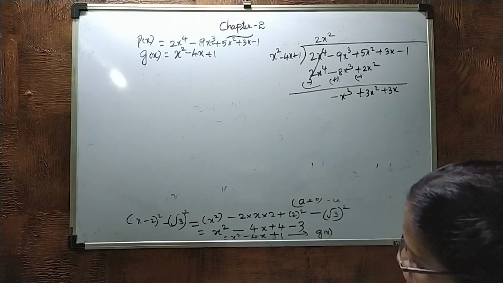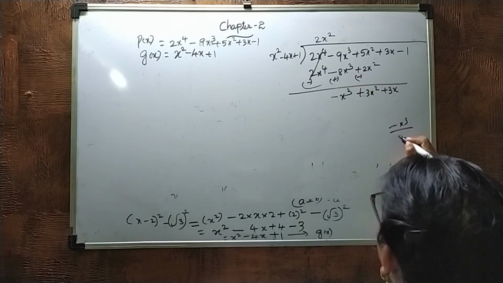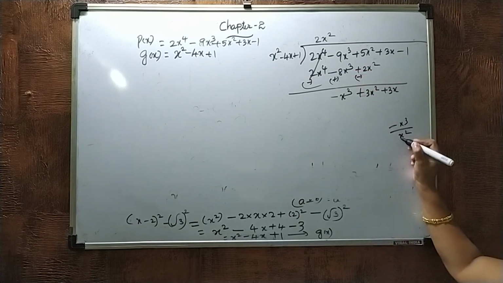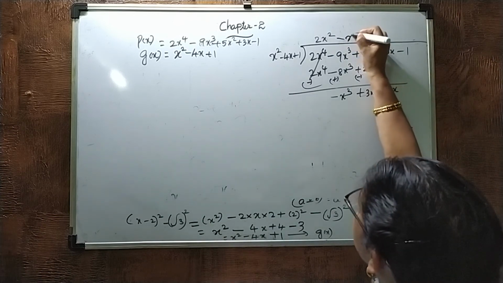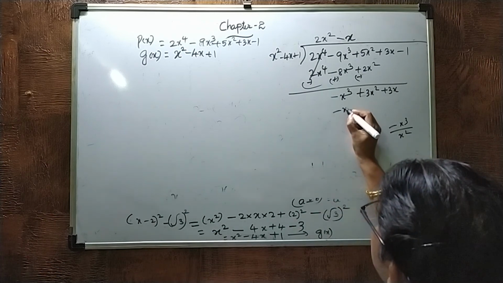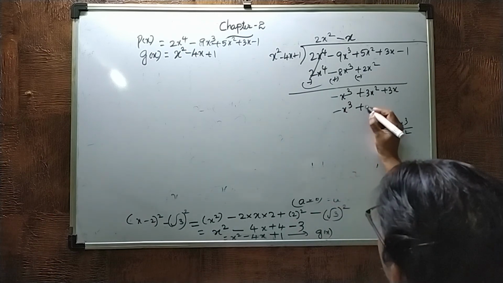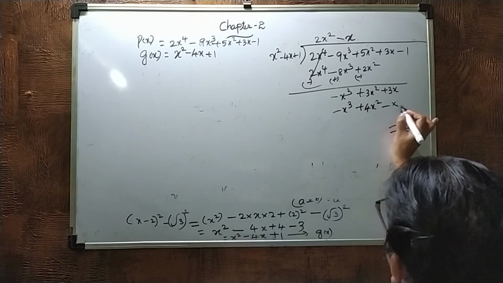Now again you have to divide, negative x cube divided by x square. Negative divided by positive, so negative x cube divided by x square is x. Multiply, then you will get the answer as negative x cube plus 4x square and then minus x.